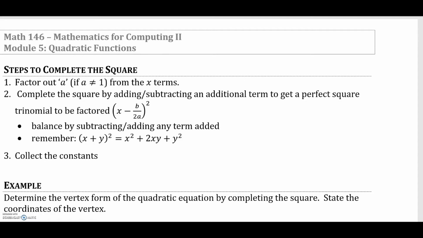This step will make a lot more sense once we get to some of the examples. And one thing to remember is that (x + y)² = x² + 2xy + y². Once we have added or subtracted our additional term as well as balanced, we can collect the constant and describe the vertex point as (p, q).